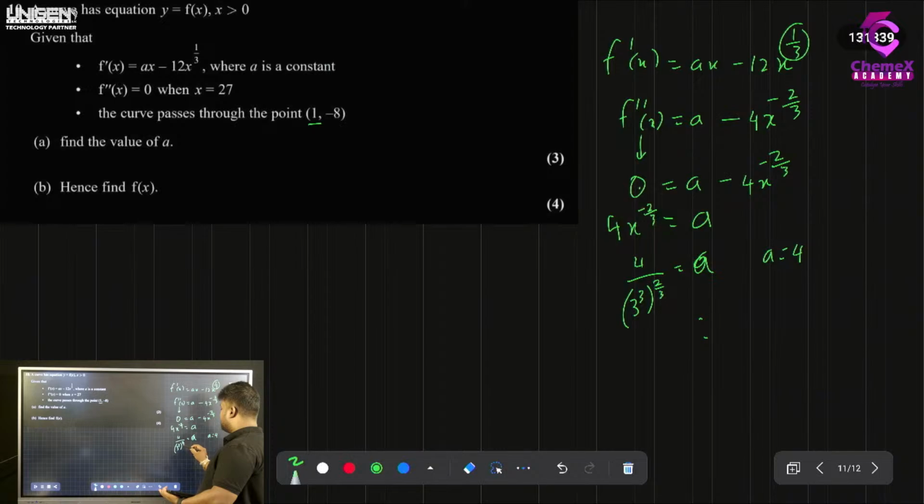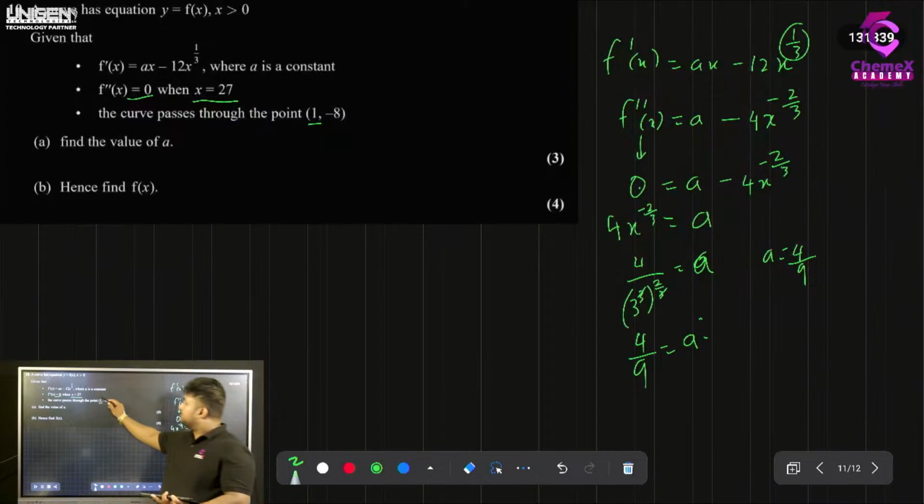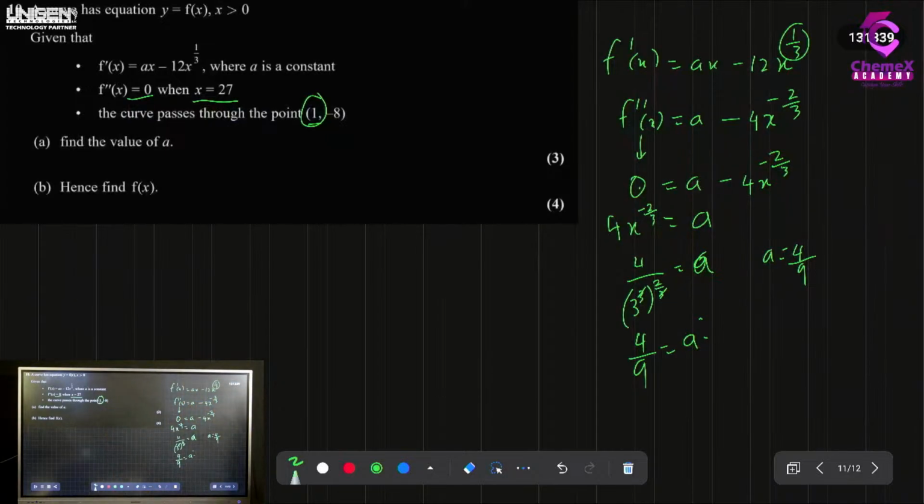Positive 2 over 3 will expand now, the 3 cancels. So 4 over 9, since 3 to the power 2 is 9. Because they have given at what x value the double differential becomes 0, you can't use the other x value for that. Okay, now a is known, a is 4 over 9.